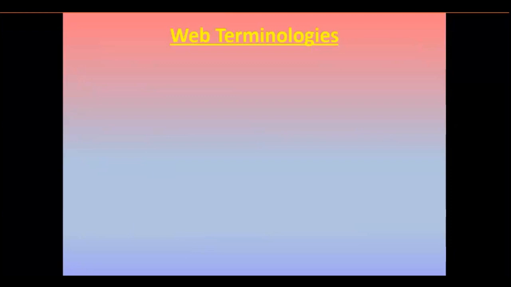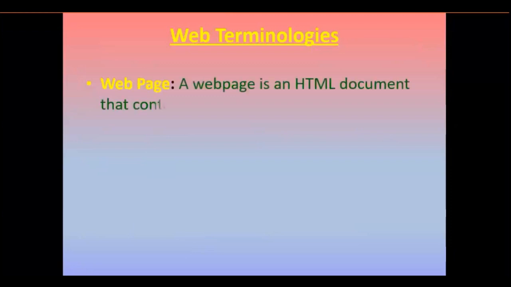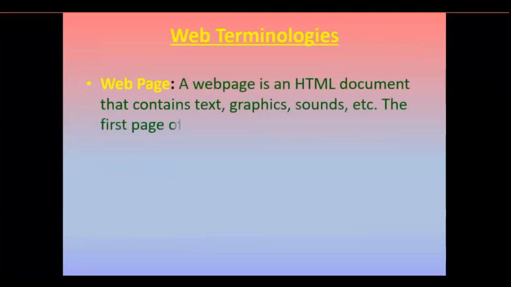The first one is web page. What is a web page? A web page is an HTML document which contains text, graphics, sounds, videos, audios, etc. Whenever you open a browser and open any website, the first page of that website is the home page, and that website will contain various web pages, isn't it?